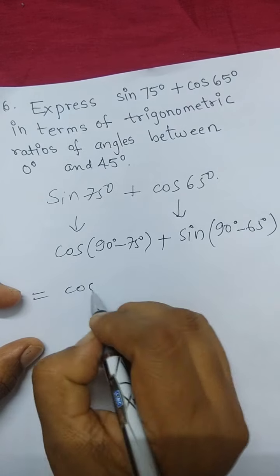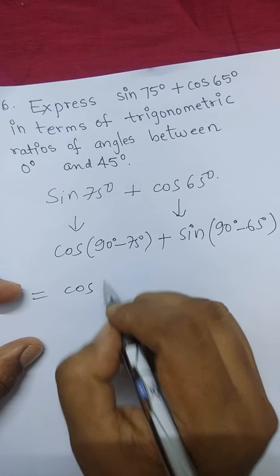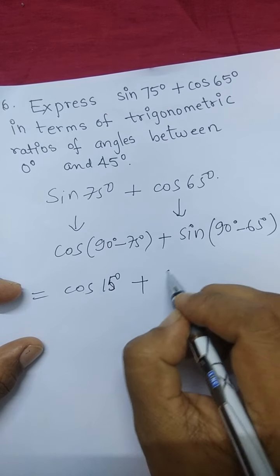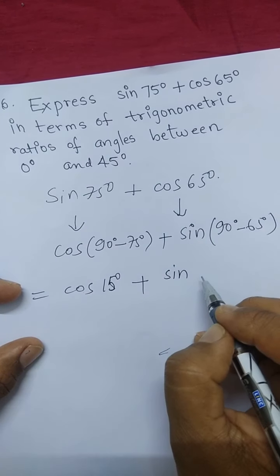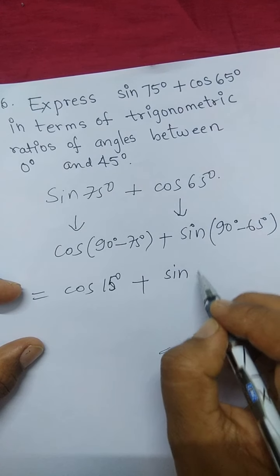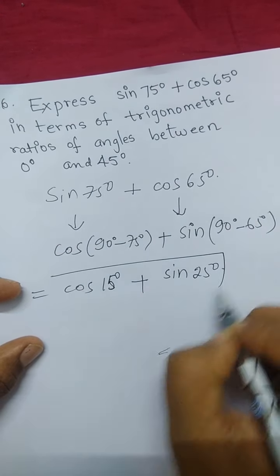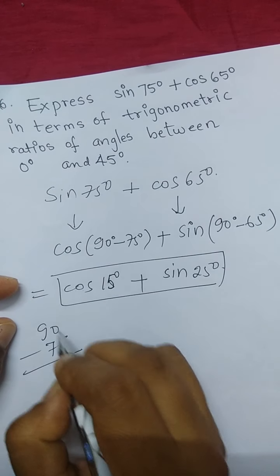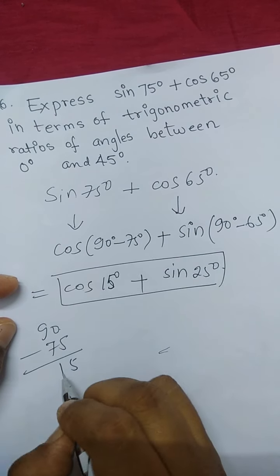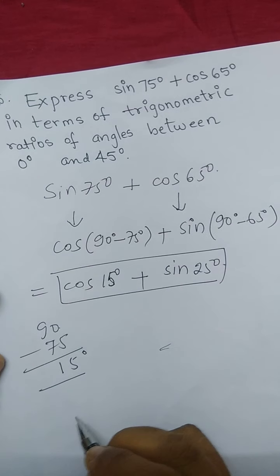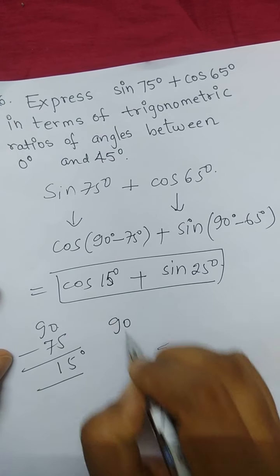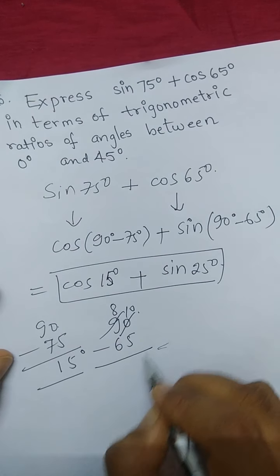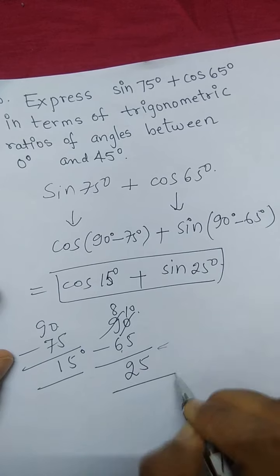So cos (90 minus 75), 15 degrees, plus sine (90 minus 65), 25 degrees. See, 90 minus 75: 10 minus 5 is 5, 8 minus 7 is 1, 15 degrees. And 90 minus 65: 10 minus 5 is 5, 8 minus 6 is 2, 25.